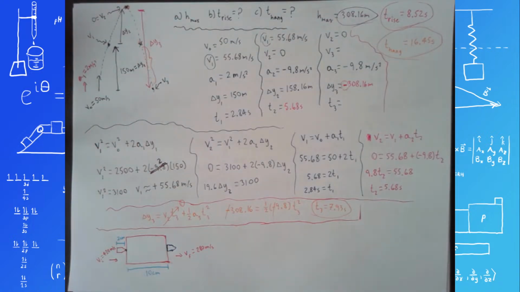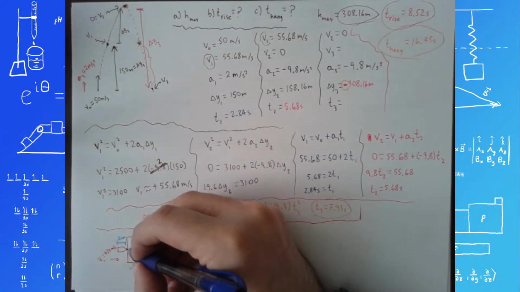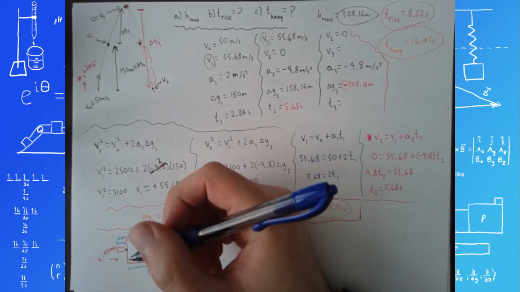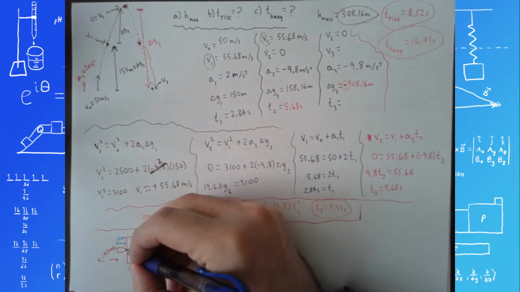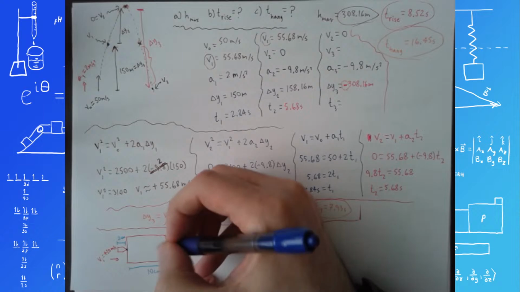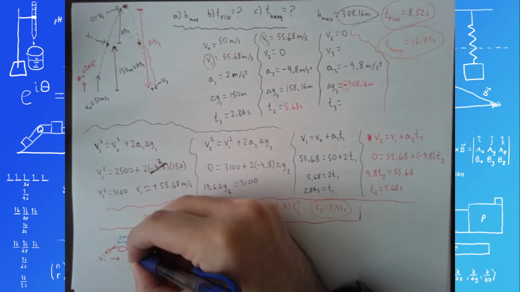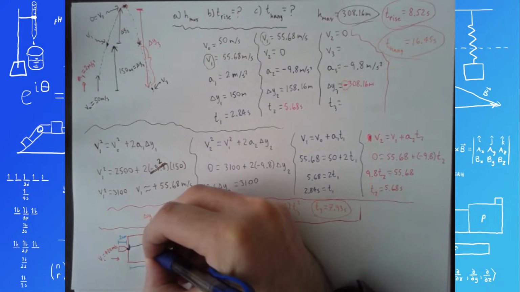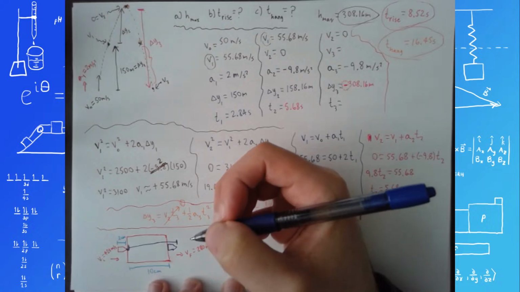So the actual displacement, I can either think of it as the displacement of the tip of the bullet, or I can think of it as the displacement of the back of the bullet. It doesn't really matter which you go with, but either tip to tip or back to back. I'm just going to do from when the tip of the bullet enters to where the tip of the bullet is at the moment it loses contact with the board.